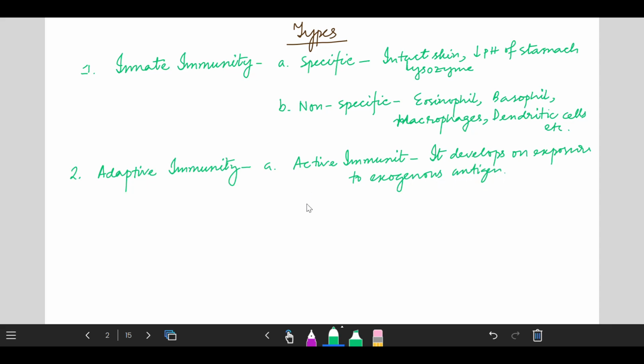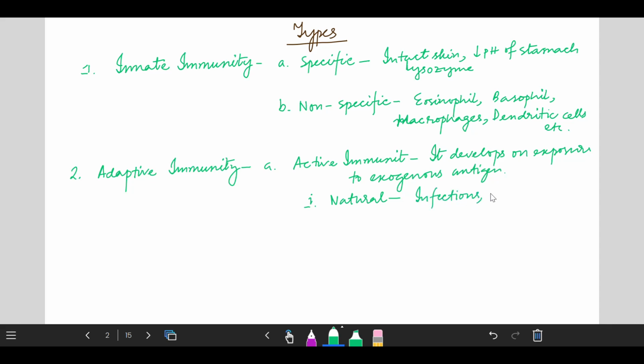Okay, what is natural? When a natural infection occurs in your body, immune antibody will generate. So this kind of antibody generation comes under the natural active kind of immune system. Okay, and another category is vaccination.